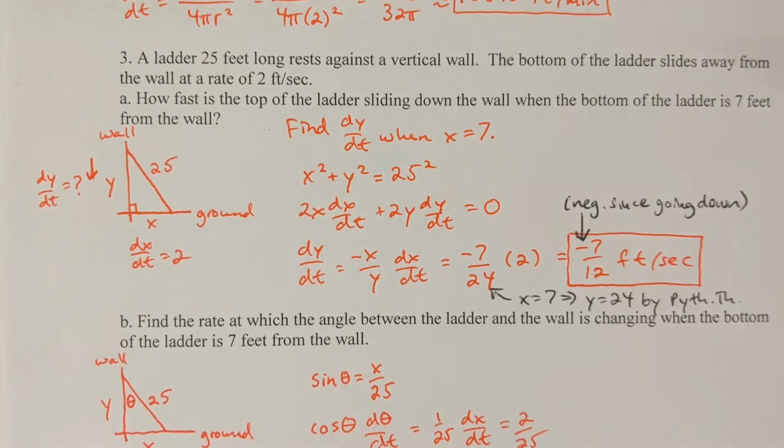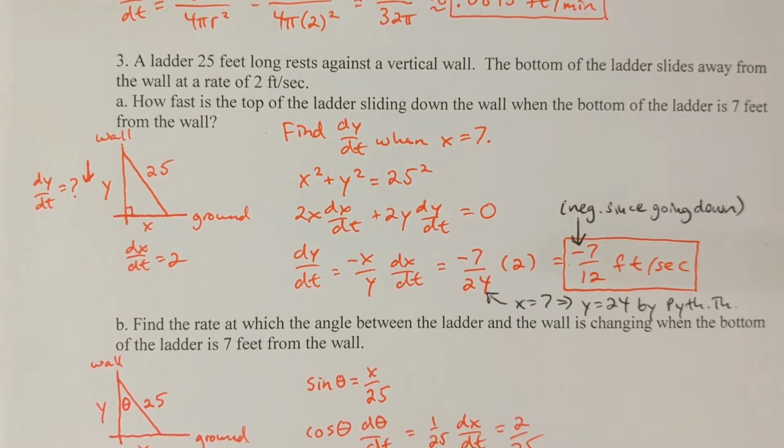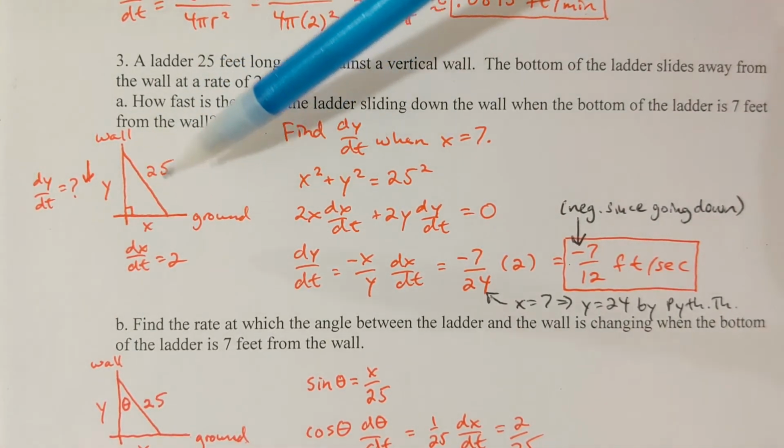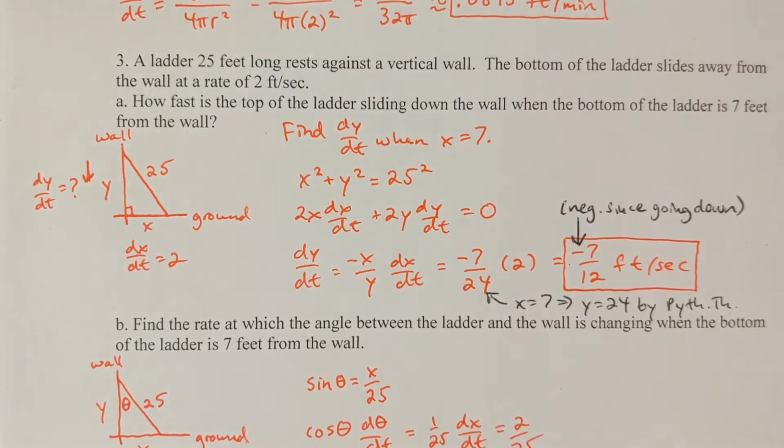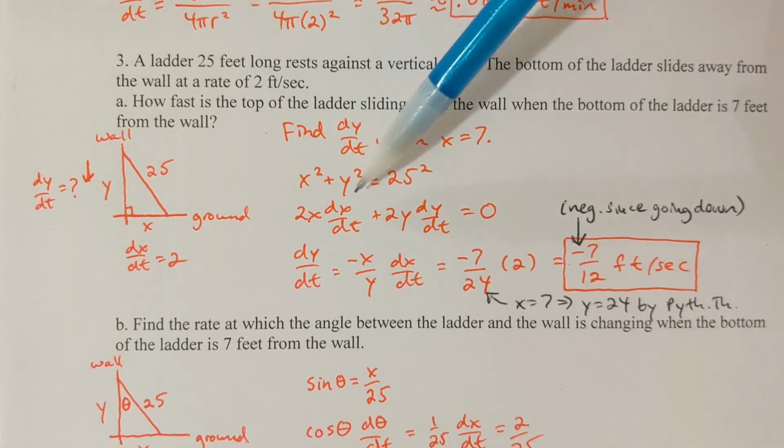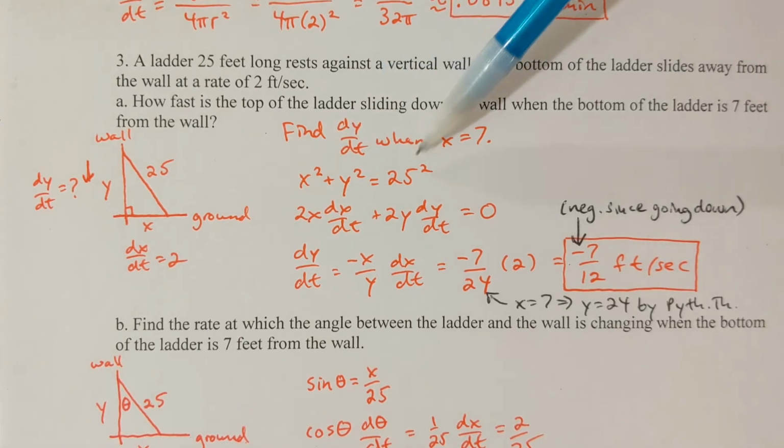Well, in this picture, I've got a right triangle, and so I can use the Pythagorean theorem. The sum of the squares of the legs equal the square of the hypotenuse. Or for us, that's going to be x squared plus y squared equal 25 squared. So here's the equation that I have to work with, and now I'm going to differentiate both sides with respect to time t.